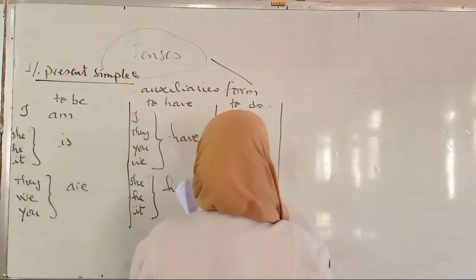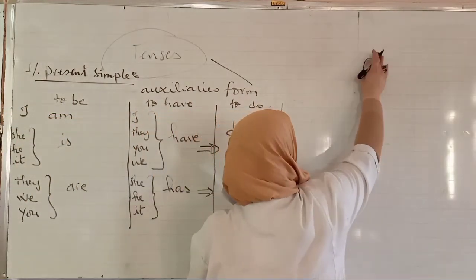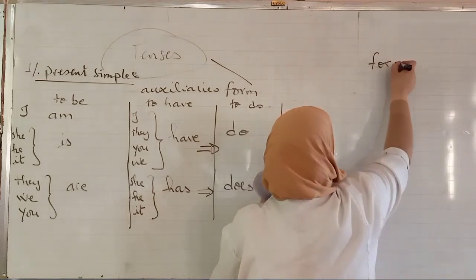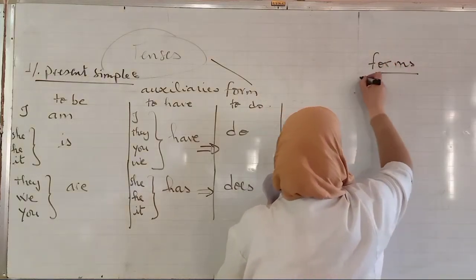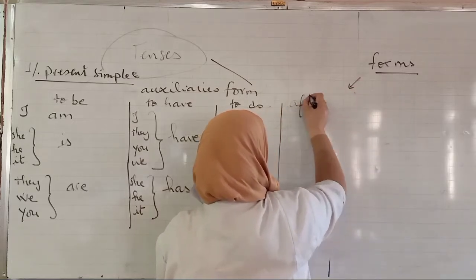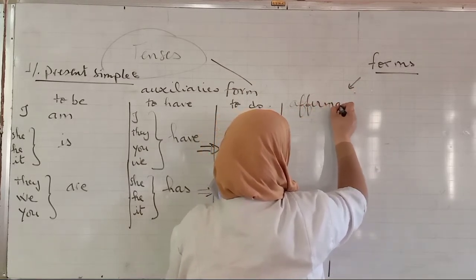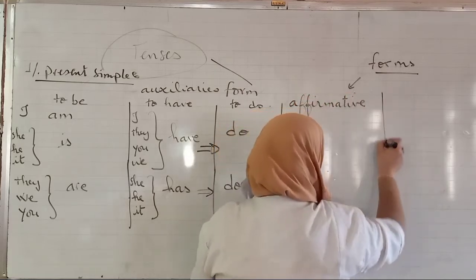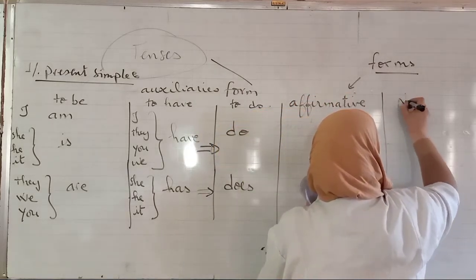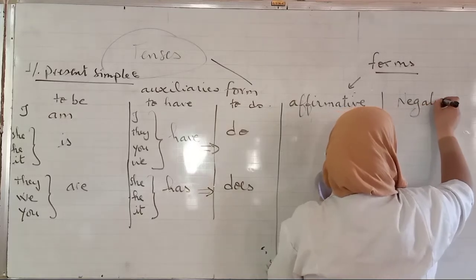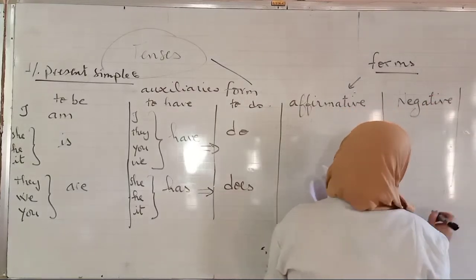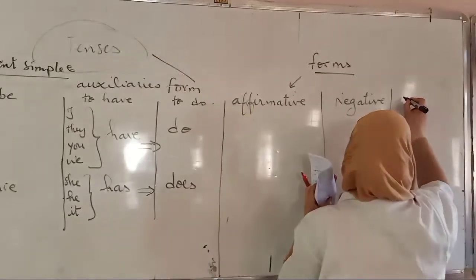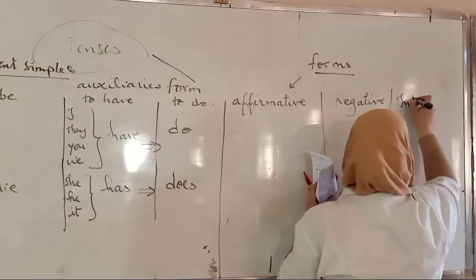So this is the present simple. We go to the different forms of the verb. We have affirmative, we have the negative form, and we have the question form or the interrogative form.